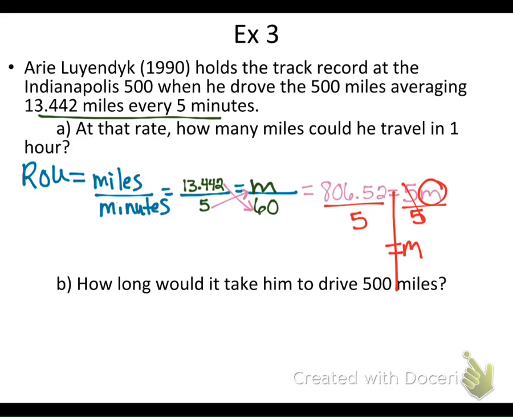So we're going to take 806.52 divided by 5. And we got what? Is that what you guys got? 161.304.